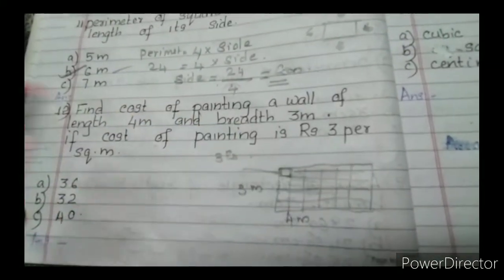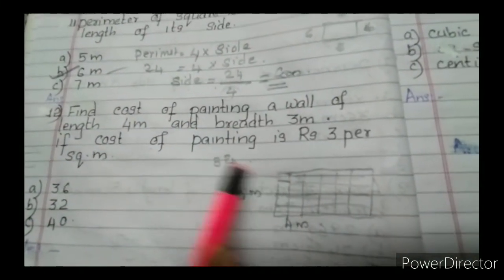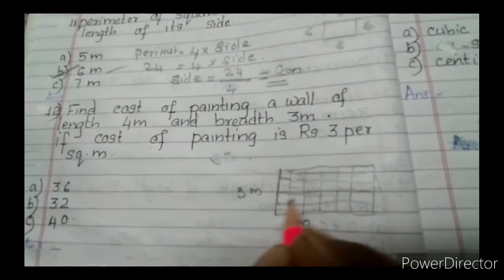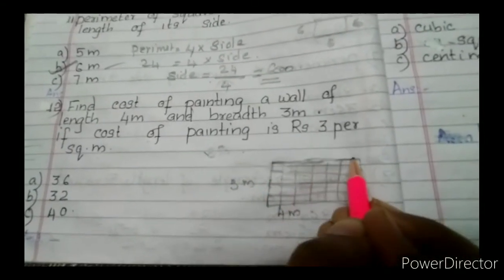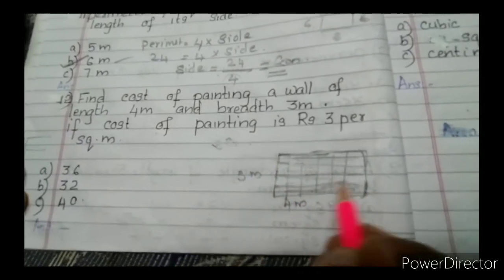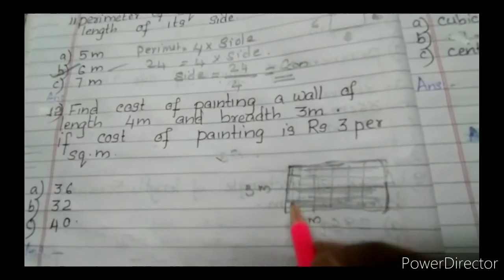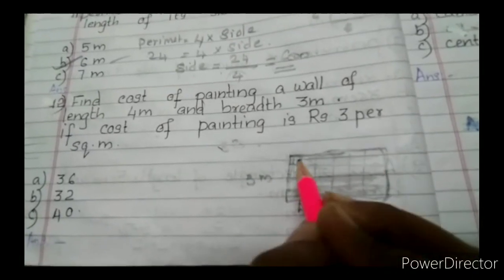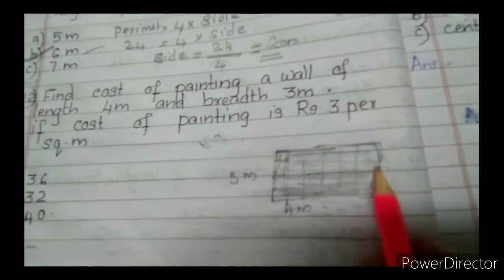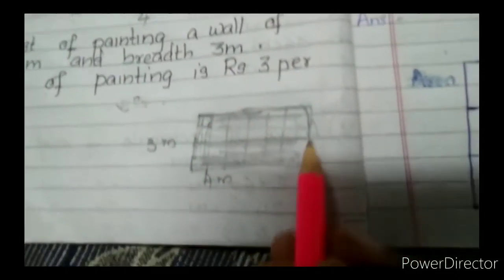Then first we have to find out the area. Why? We have to find out this full wall. The surface area is this one. This is the area. We have to find out the area.